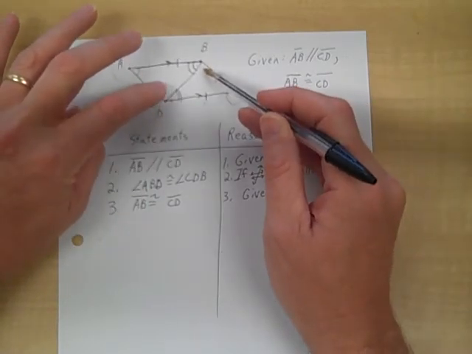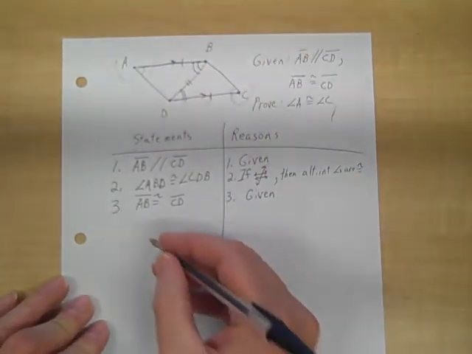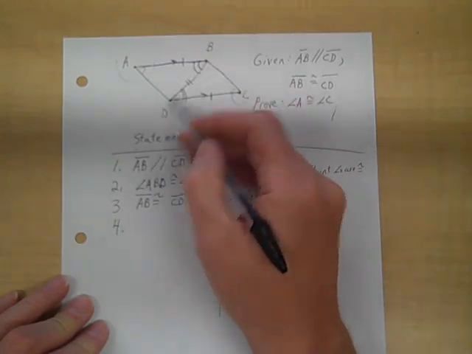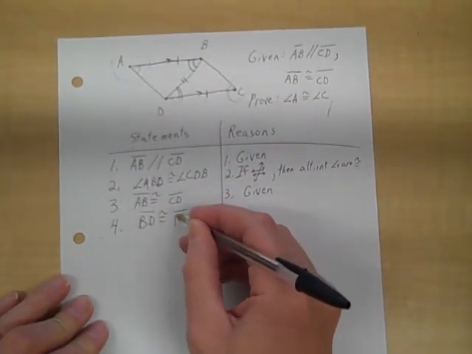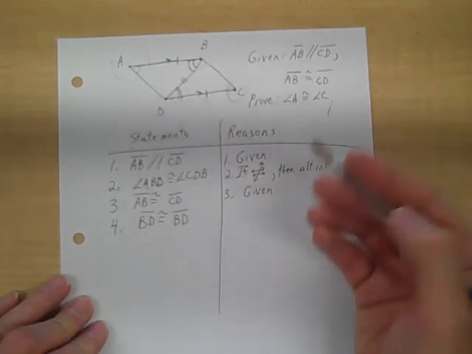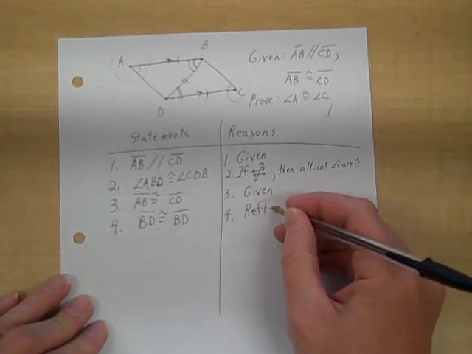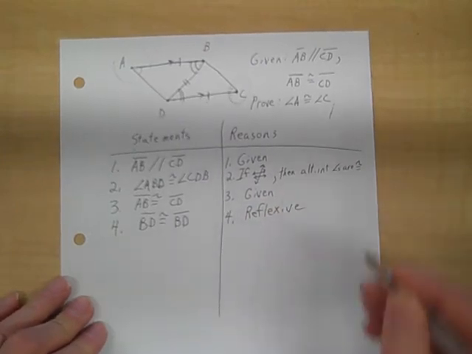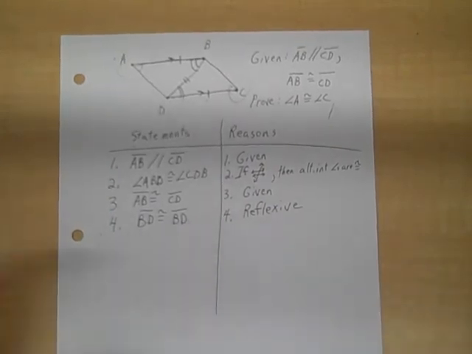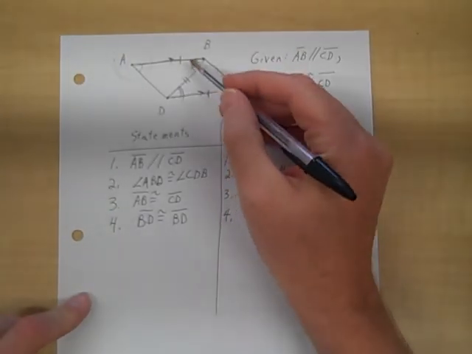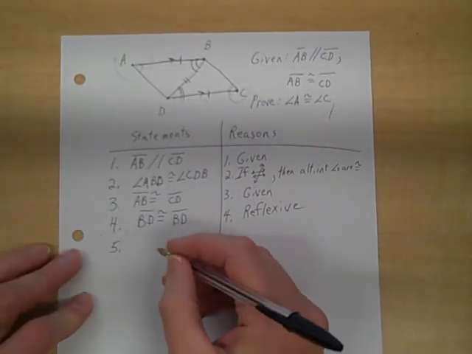I've got nothing here on what those angles might be, but what I do have is BD is congruent to itself, and it's in both triangles. That's why we're writing that down. A lot of you remember when to put in the reflexive property. A segment is congruent to itself. So side angle side looks like it's going to get us these triangles congruent.